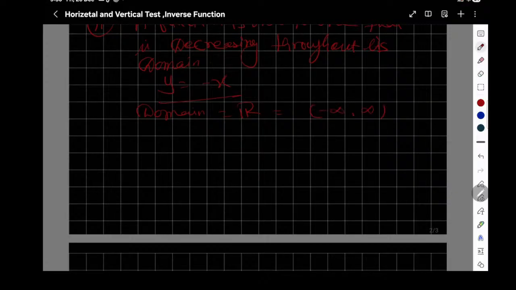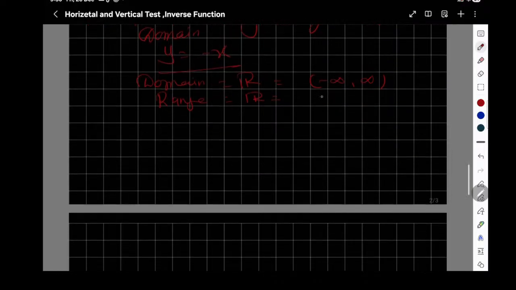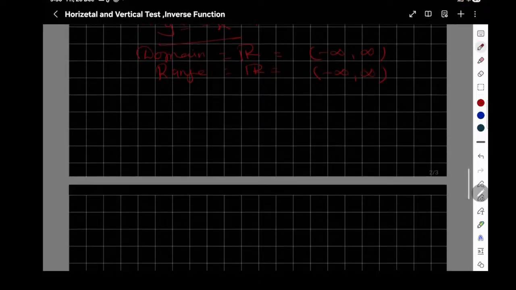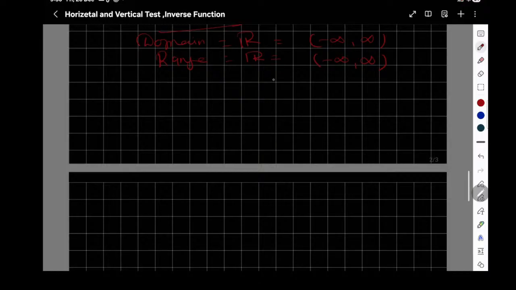The range is also minus infinity to infinity, because if I take negative it becomes positive, and positive becomes negative.